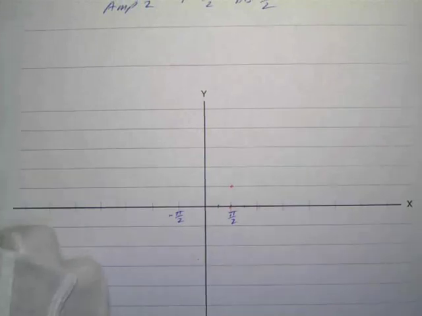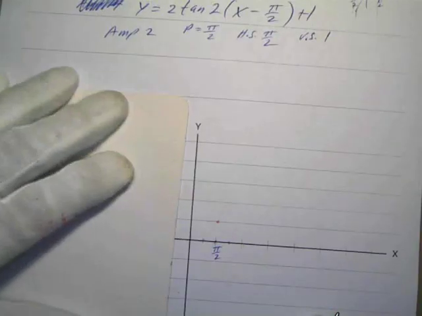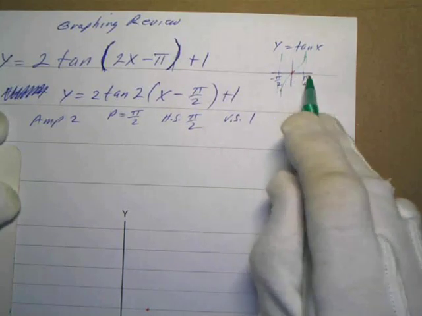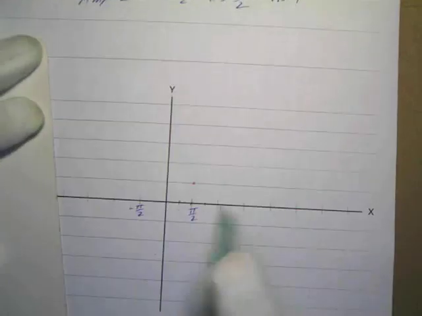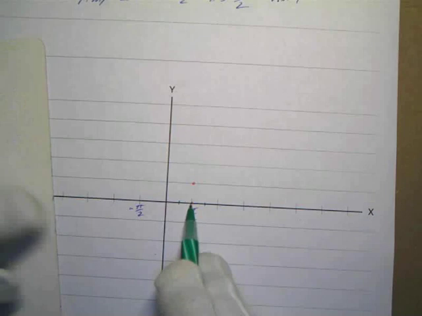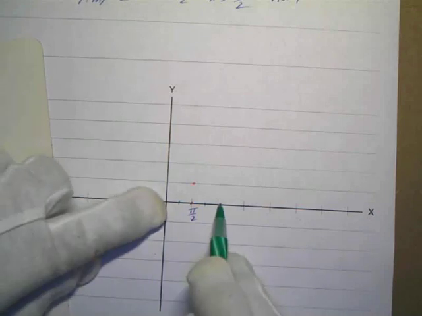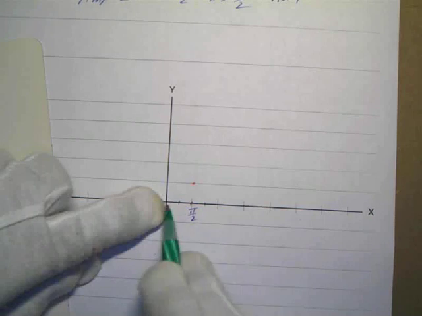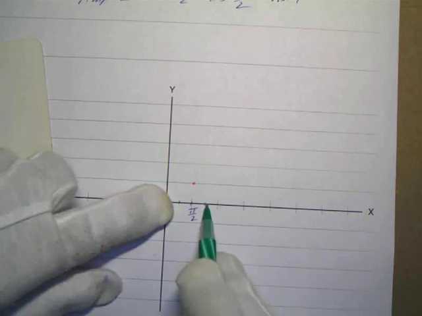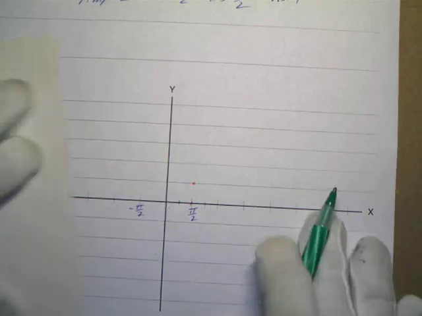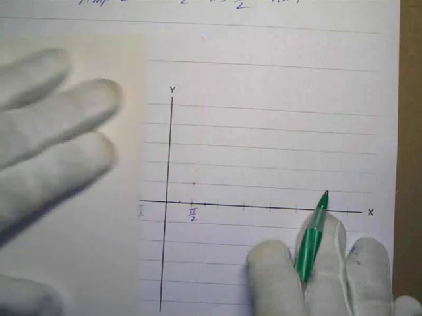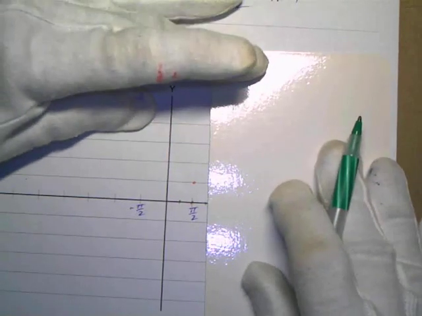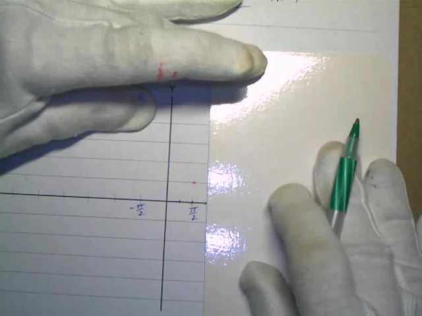And you have to kind of think about this. So again, my 0 goes from over here. It's shifted pi over 2 to the right, and the asymptotes come up with it. So they'd be normally like this, except I've changed the period from pi, that's pi over 2 in each direction, to pi over 2, so that'd be pi over 4 in each direction. Then we have to draw our asymptotes. So this one's going to be like this.